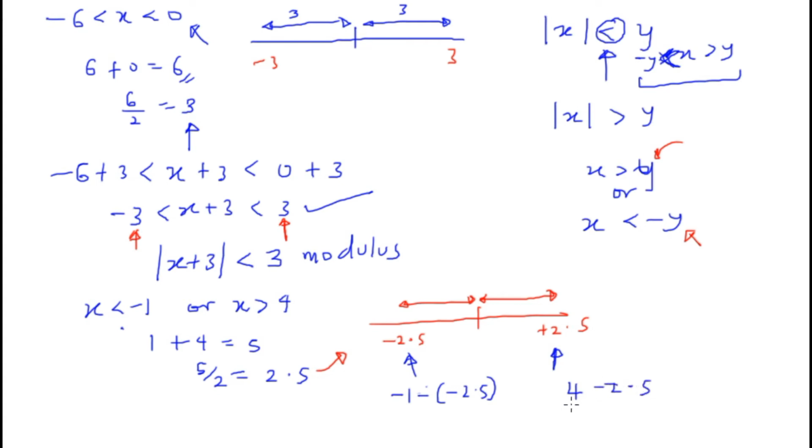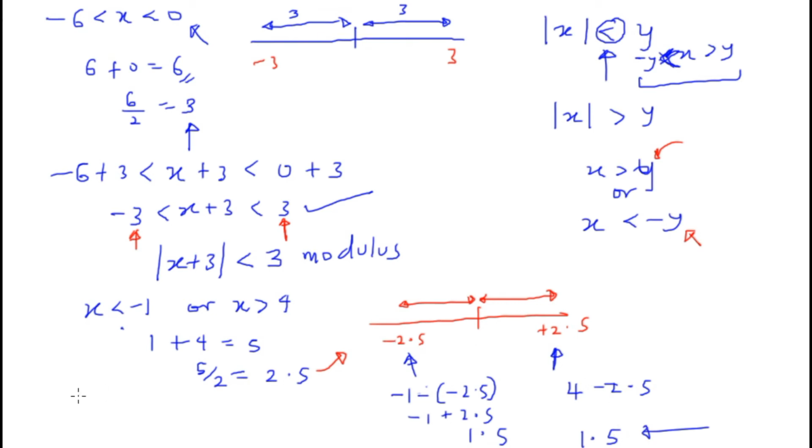That gives -1 plus 2.5, which is 1.5, and then 4 minus 2.5, that's also 1.5. So the balance point is 1.5 away.